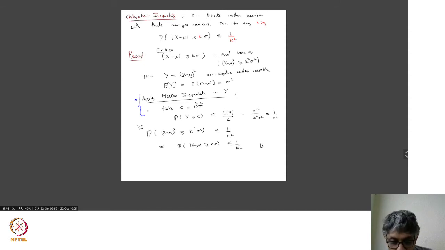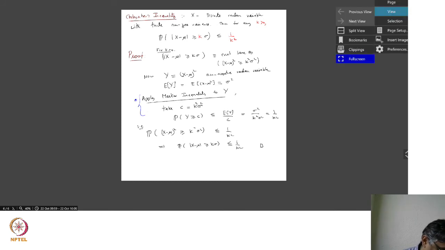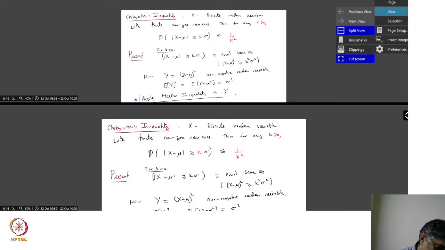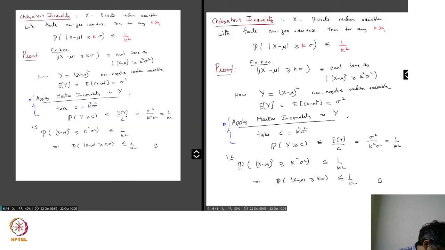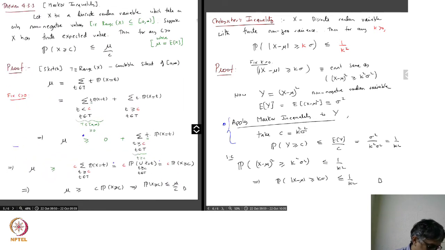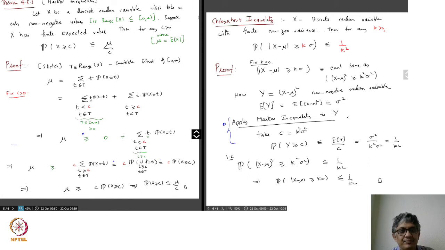Keep in mind, it's a very important inequality. Two inequalities are very important in probability and statistics, so I'll just reiterate them. One is Markov inequality and the other is Chebyshev inequality. Both are very important aspects of probability. Markov says that if X is non-negative, a brute force estimate for the tail probability is mu by c.